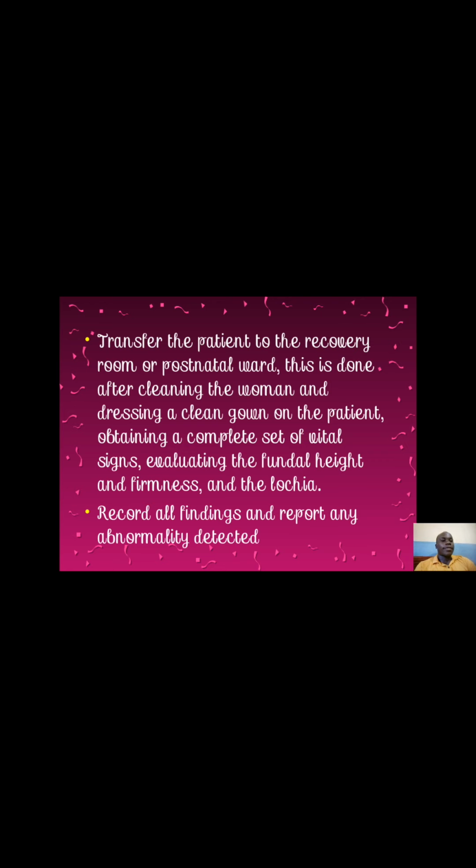Record all findings and report any abnormality detected. In the postnatal ward you will continue to record any changes or complications that occur between the mother and her baby.